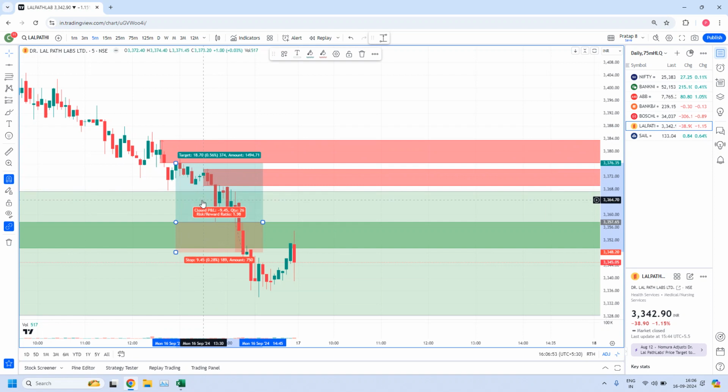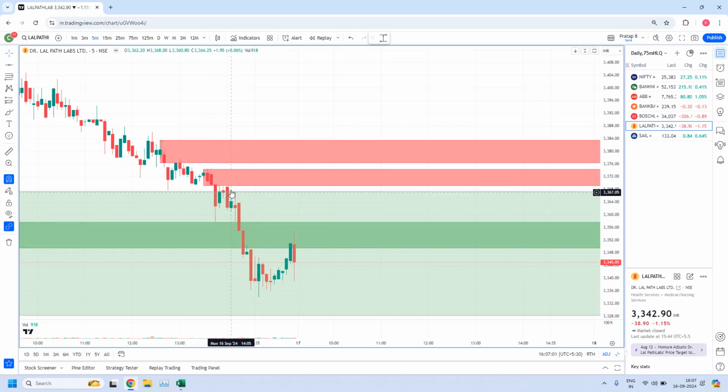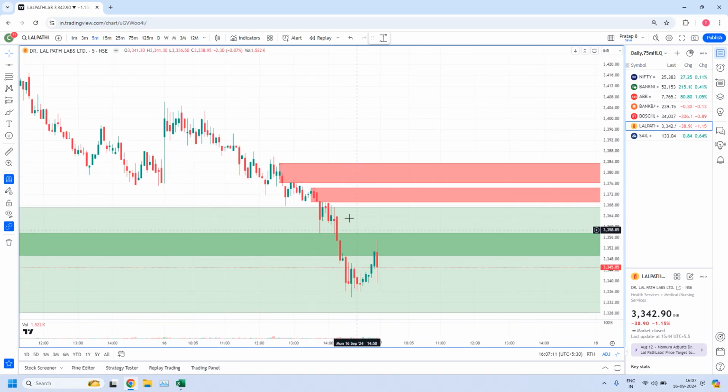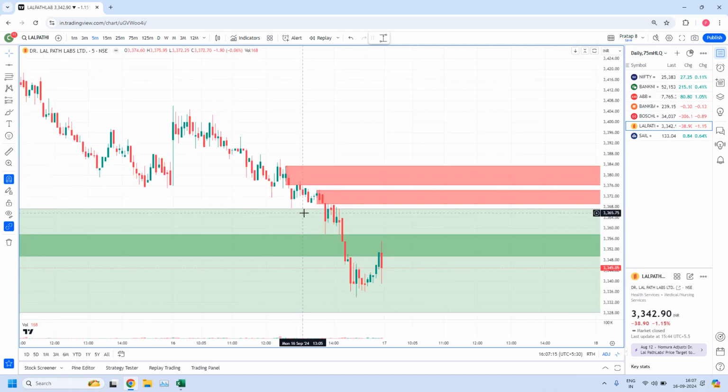So you can't take the trade. Because RR is not there, you would have exited. Even if you take it, you would have exited at the 5 minute zone, but that is a negligible, small profit. Anyway, we can't take a trade because RR is not there.